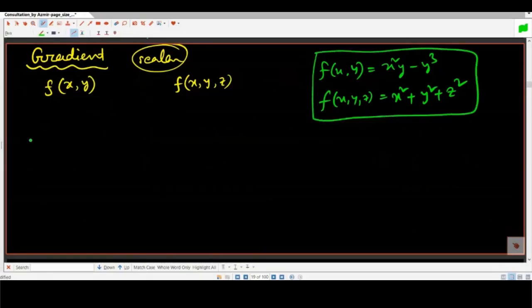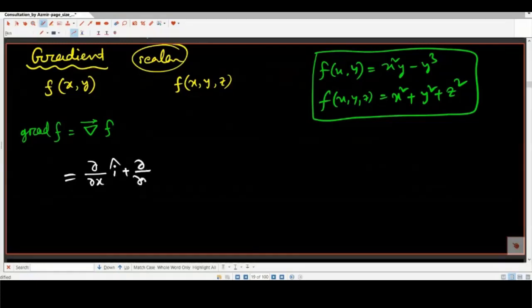So the gradient that is denoted by del f, we also know this one as grad f. So gradient of this function f will be del f, and by del we know that it is d/dx i plus d/dy j if it is a two-dimensional function, and f.